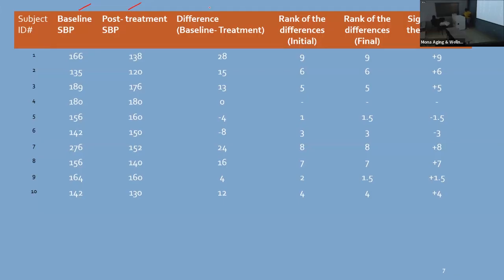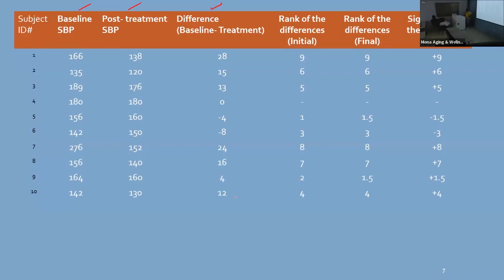The next thing we're gonna do is to determine the differences of the data points in the 2 columns. We're subtracting the post-treatment from the baseline. So this 3rd column gave us our differences. The next thing we need to do is to rank the differences, because this test actually takes into account the magnitude of the differences, indirectly.